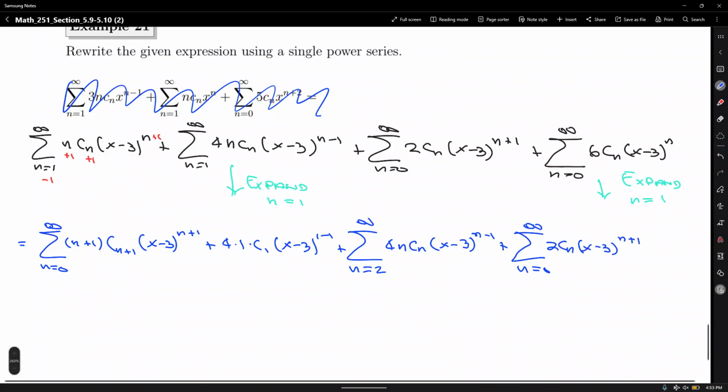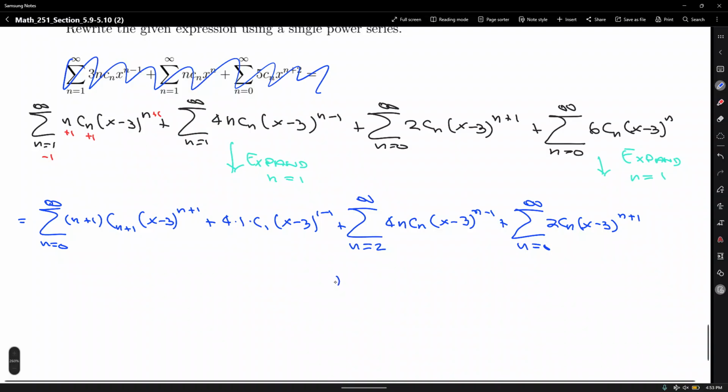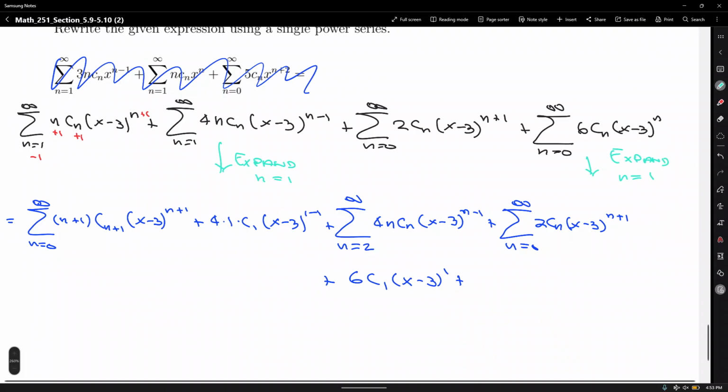And then I need to expand. I'm running out of space. I'm going to go plus 6 times c sub 1 x minus 3 to the first power, all right? And then plus the corresponding series, but wait, we're expanding the 0, not 1. We're expanding the 0.